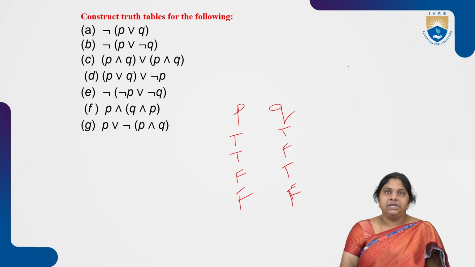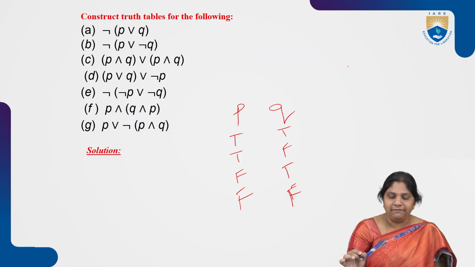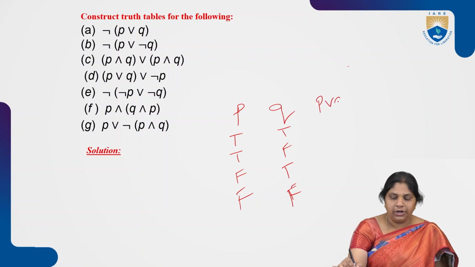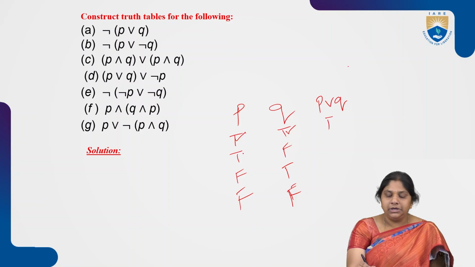First, negation of P or Q. Already we have P and we have Q. Next, P or Q. P is true, Q is true, then P or Q is true. P is true, Q is false, then also true. P is false, Q is true, then also true.